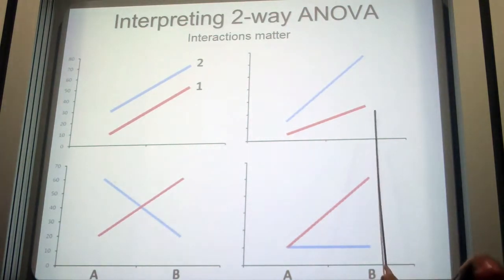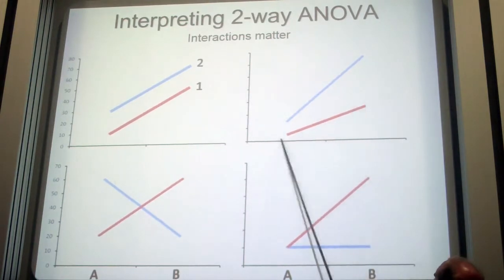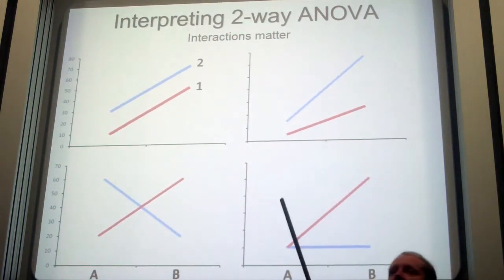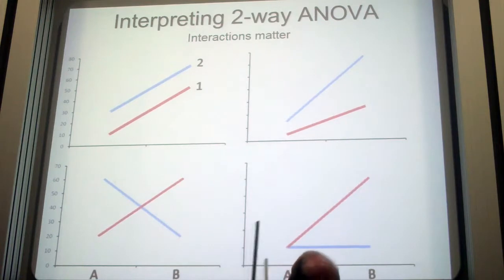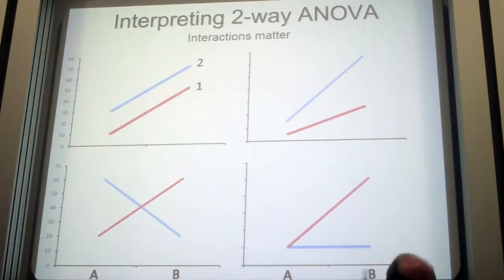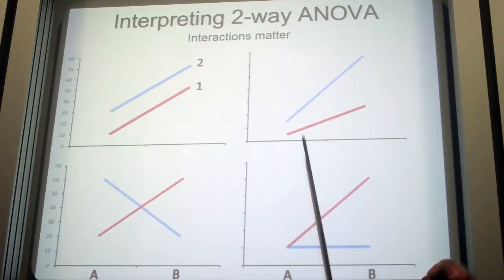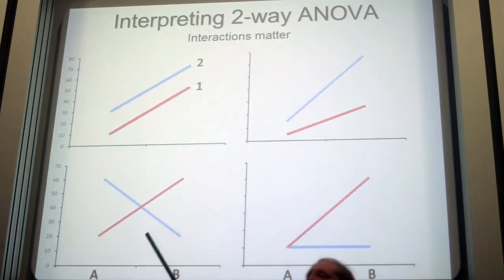So that difference is bigger than that. That's an interaction term. But it's not going to change the interpretation of the main effect of A, B or of blue versus red. The blue is still always higher than the red, and it increases going from A to B.